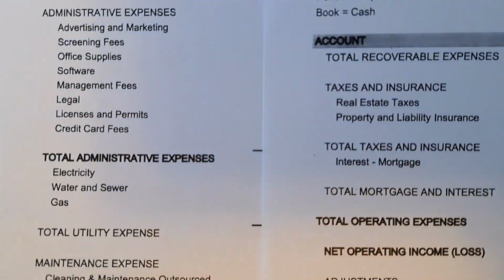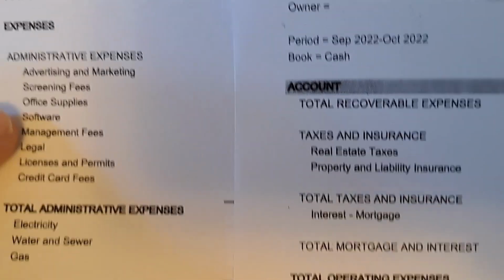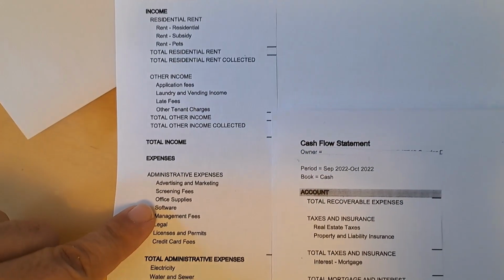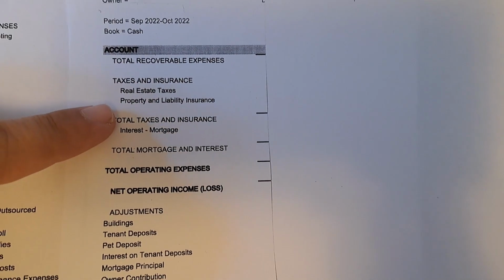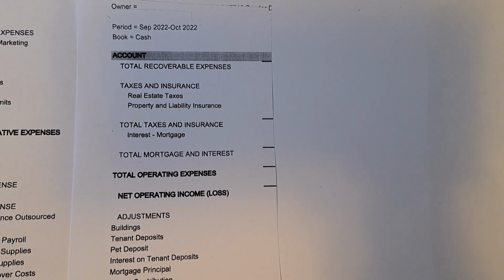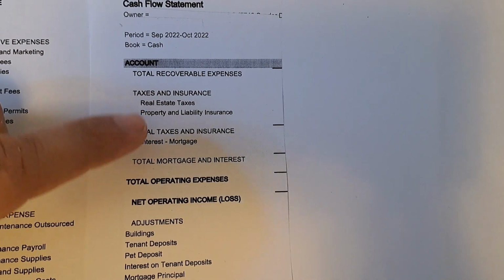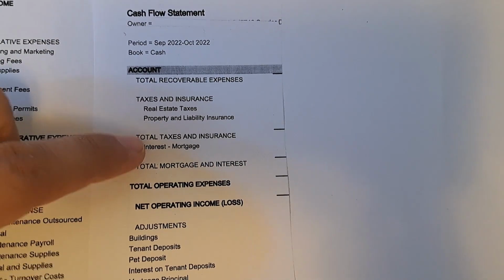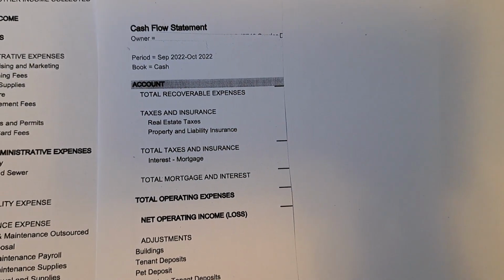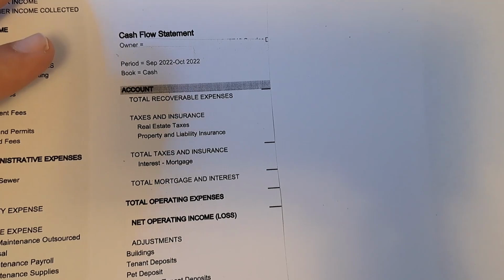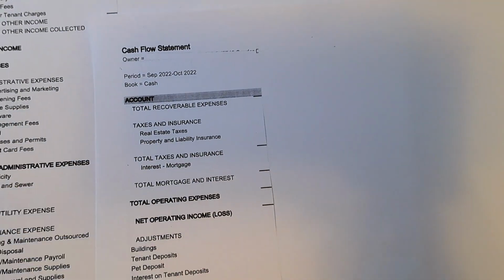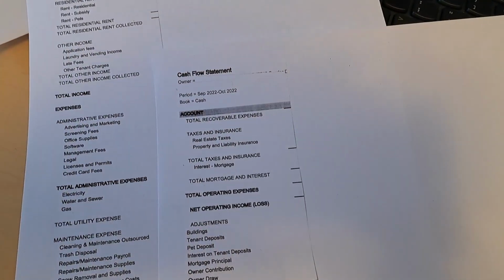And then taxes, where is it? Okay, here we go. Property taxes and property liability insurance, and also mortgage interest, because that's a deductible expense. So the system will add every expense together, and then you'll get total operating expenses.